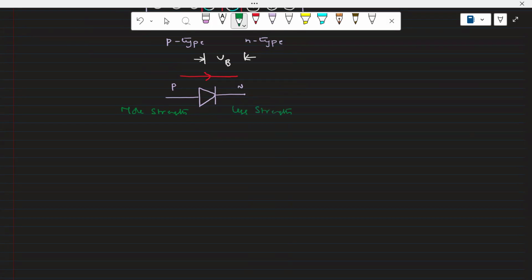That means it acts just like a short circuit from one end to another end. Current will flow from the P side to the N side. For example, if the P side is of less strength compared to the right side, then what should we say?